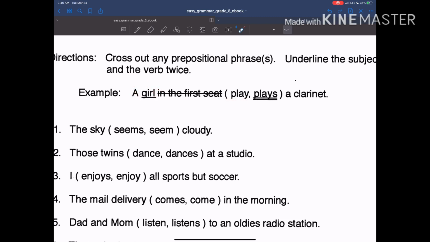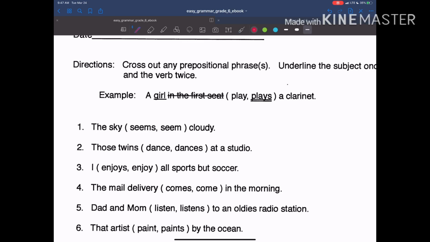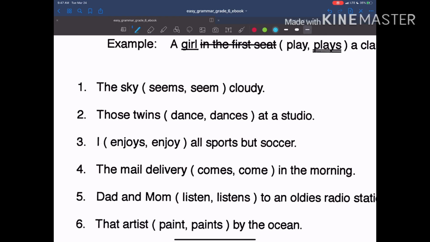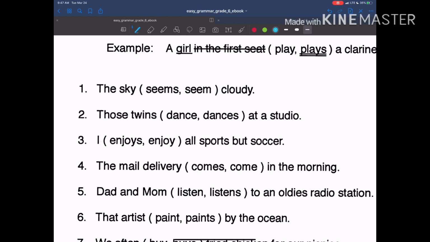But since it says a girl in the first seat, we say plays. Okay? Now let's move on. We're going to do 1, 2, and 3, and then we'll move on to our work for today on page 151.